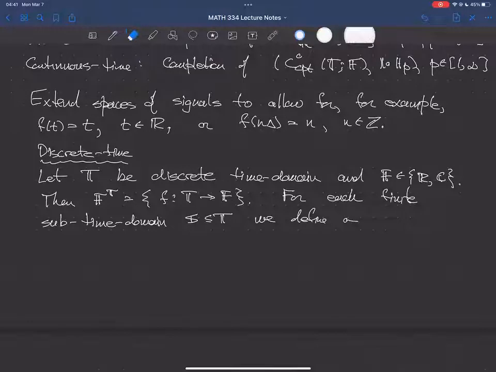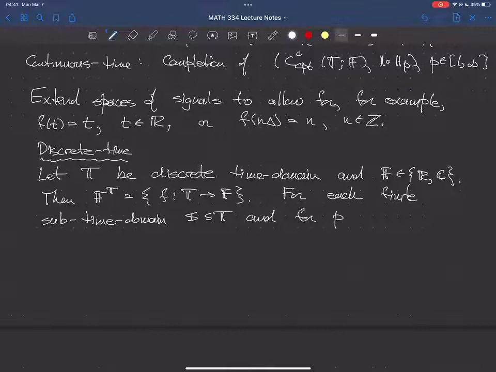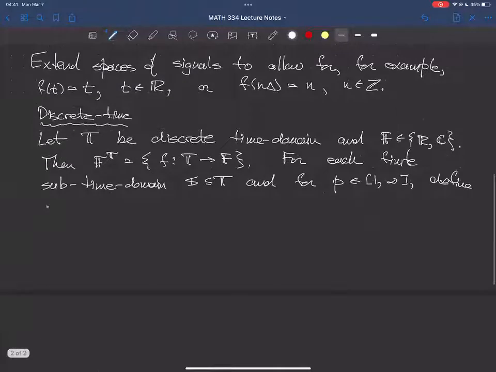We define, and for p in here, I'm going to define a seminorm. Remember that a seminorm has the properties of a norm, except the definiteness property.